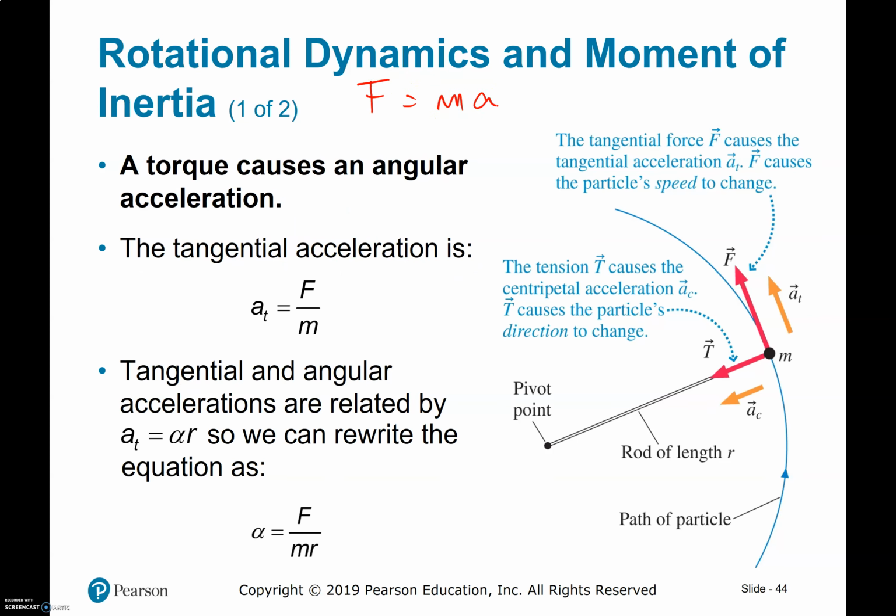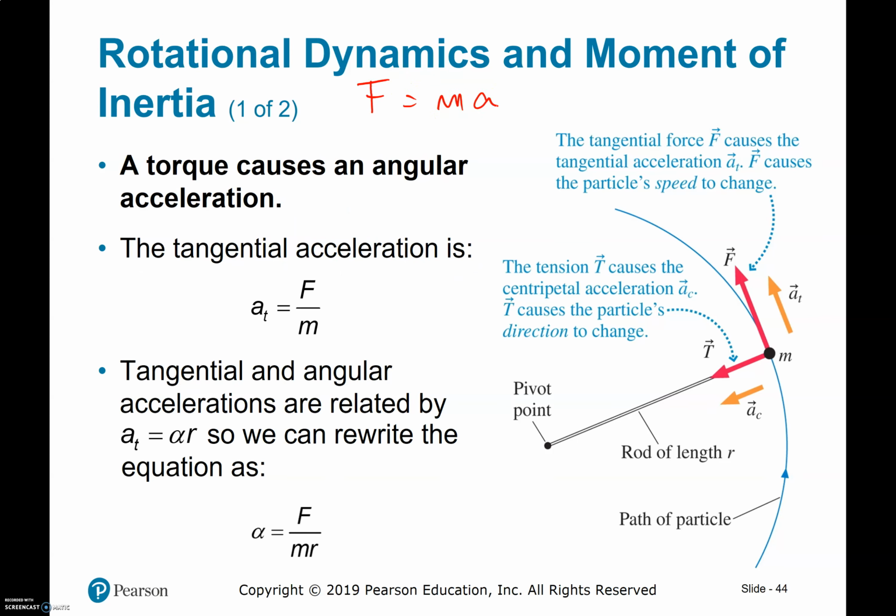So let's start with this particle here, right? So this particle is moving with some velocity and it has some angular acceleration and it has an acceleration a_t, right? So a_t, the acceleration of the particle, is alpha r. It also has a centripetal acceleration, but we're not going to worry about that for now.